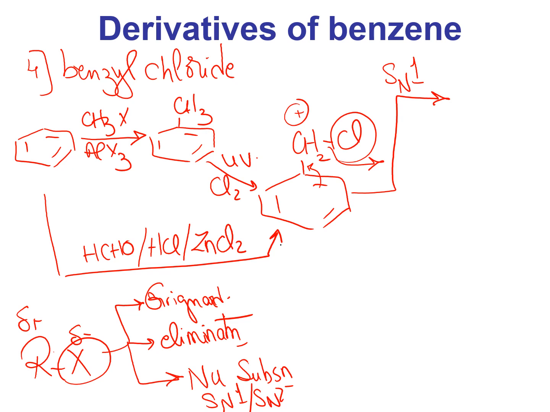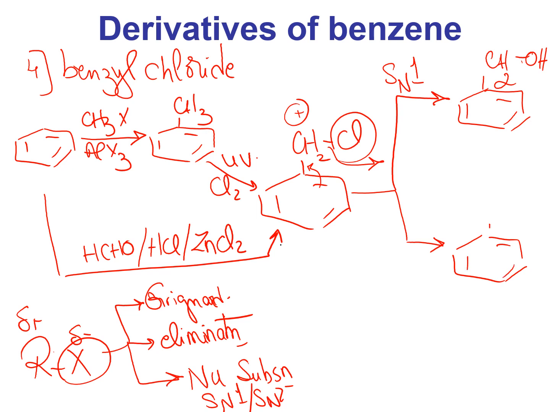Accordingly, stabilization by resonance takes place by the ring. So you can substitute the halogen by any nucleophile, for example, a hydroxyl group, and another example is a cyano group. And you have all other nucleophiles that you can use to substitute the chloro group.